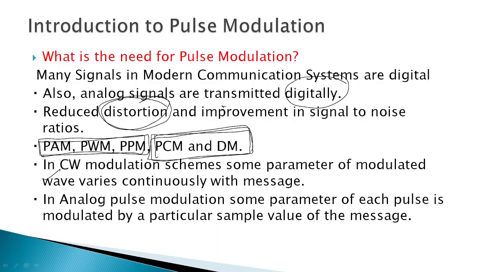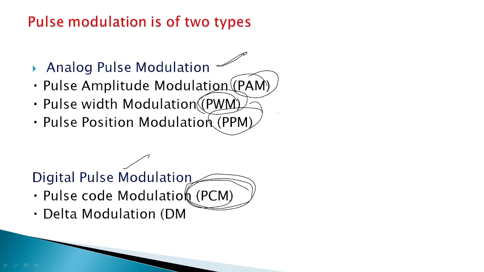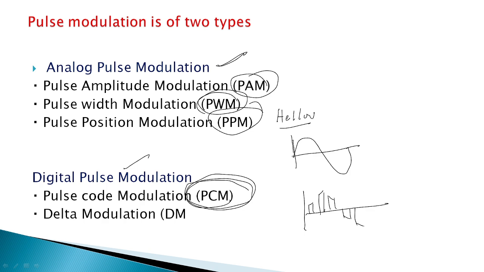You can see this here. As I said, this is the hello equivalent signal. This is the physical signal, and by using sampling we can convert it into samples.